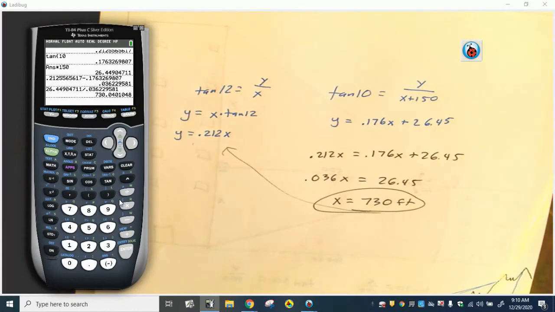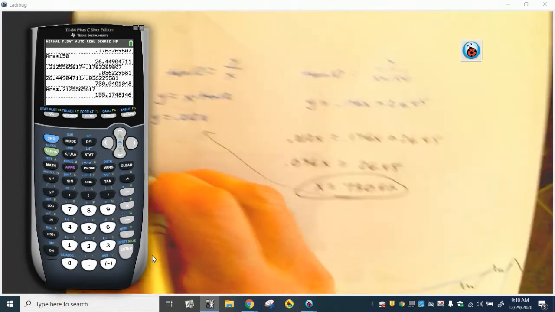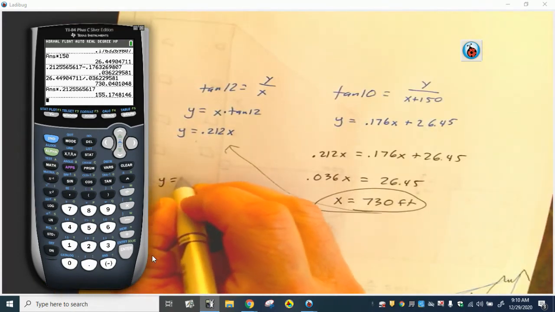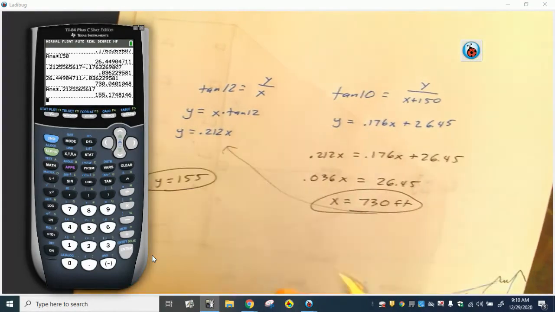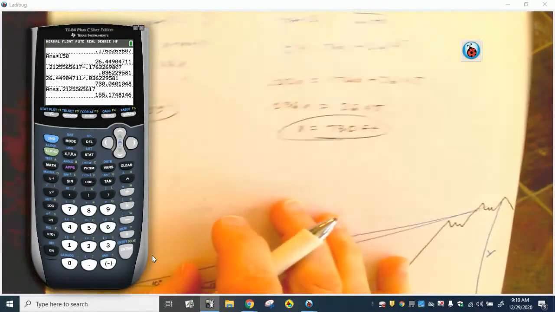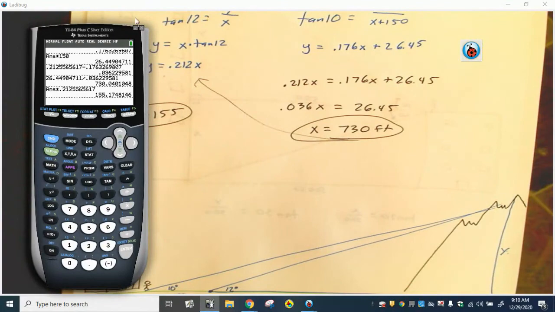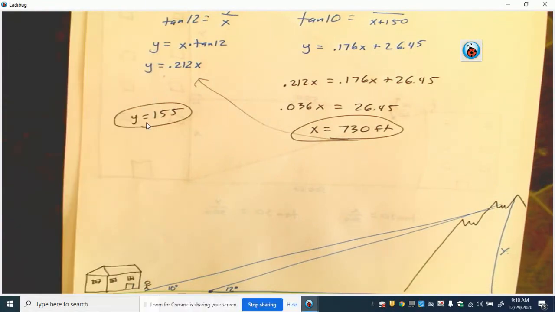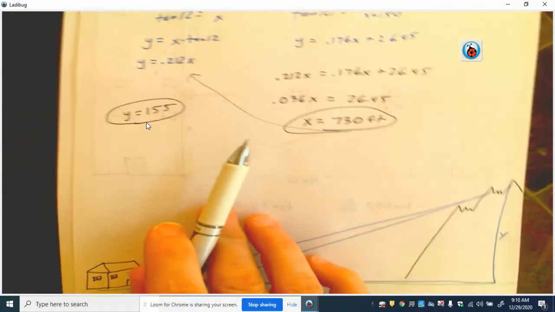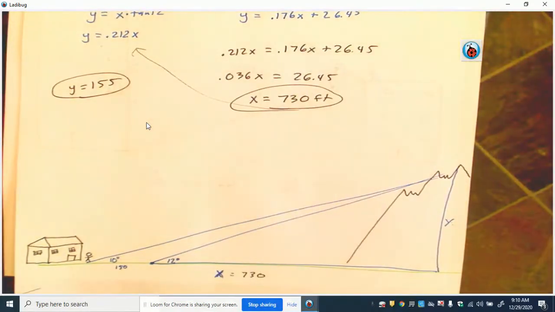So all I really have to do is take that number and multiply it by the 0.212 number. And I would know the height of the mountain is 155 feet. Now, if that was the case, I would absolutely go on that hike. It's not a very tall mountain. I wouldn't even call it a mountain. It's more of a hill, and it's not very far away.